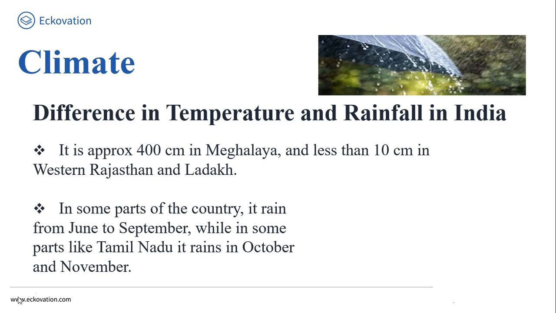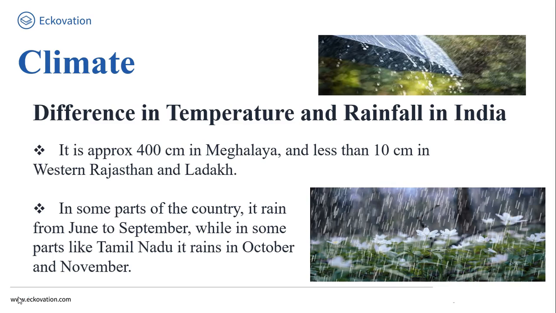So friends, on the basis of this, we can say there is variation in rainfall in terms of the amount and seasonal distribution. Friends, when we talk about coastal areas, they experience less contrast in temperature conditions, while seasonal contrast is seen more in the interior of the country.